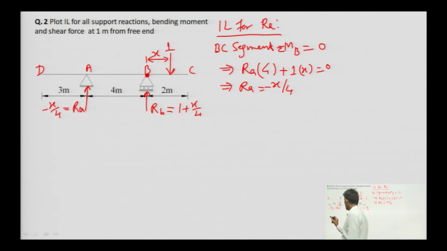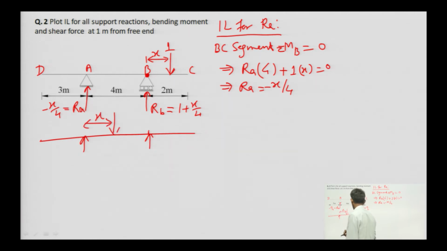Again, consider unit load in segment AB, at suppose x distance from point A. Let us calculate the values of RA and RB.